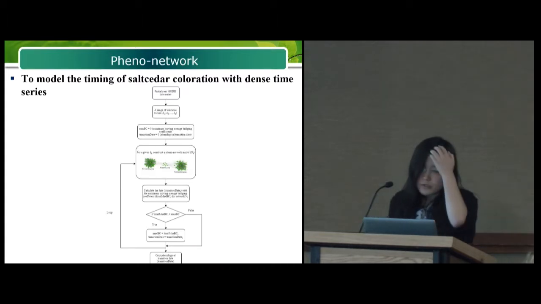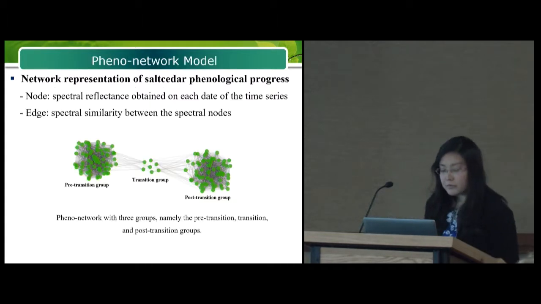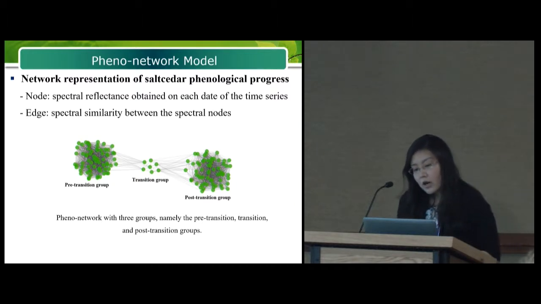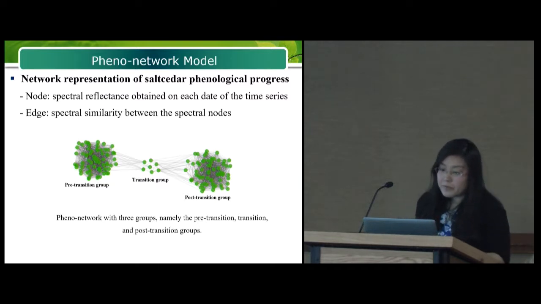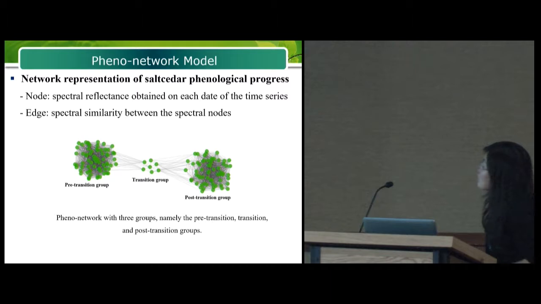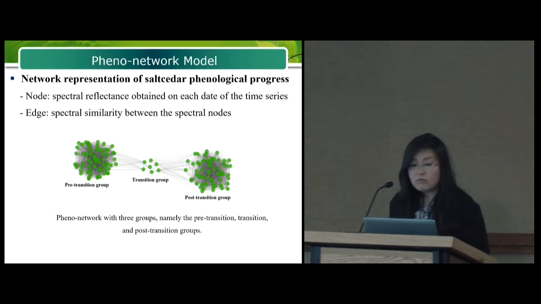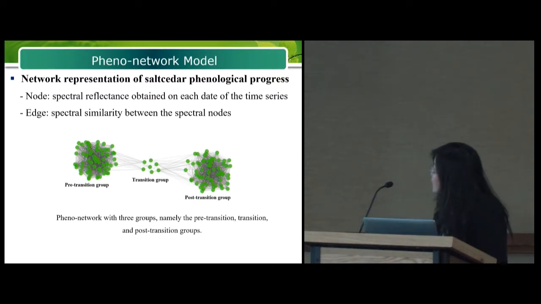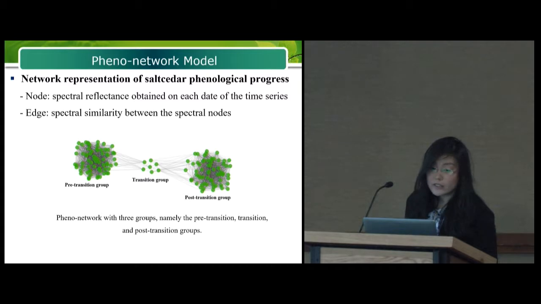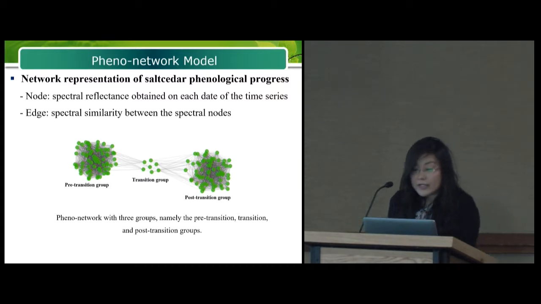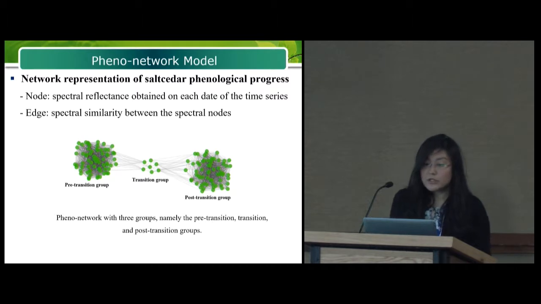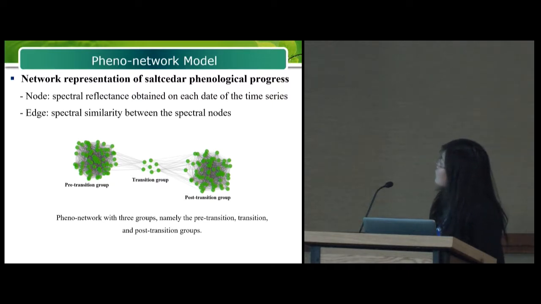The second model is the Pheno-network model. For this model, we want to introduce complex networks to time series remote sensing, because it had not been used before. So we developed a very innovative network representation to model the vegetation phenological process. We define the nodes as the spectral reflectance acquired on each day of the time series, and the edges connecting the nodes as the spectral similarity between those nodes.